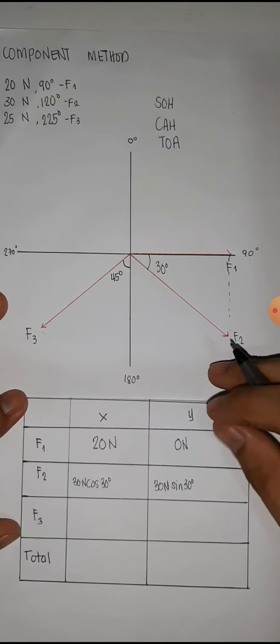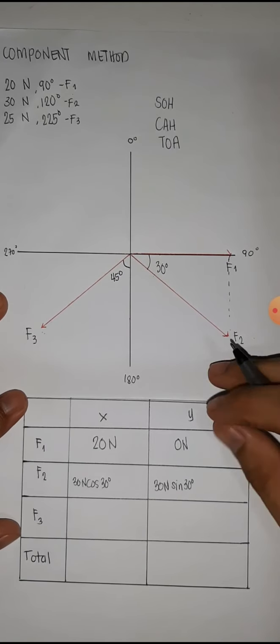For this one, this is your x-axis, and if you're going to use 45 degrees to find the x component, then if you move your x-axis, you would know that the opposite side of the angle is in line with the x-axis. This is the opposite of 45, and it is in line with your x-axis.